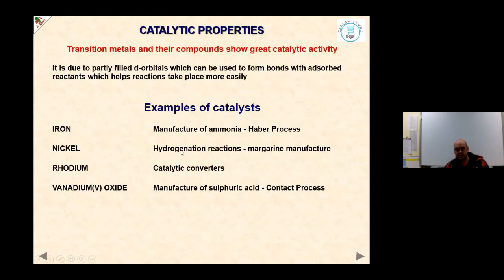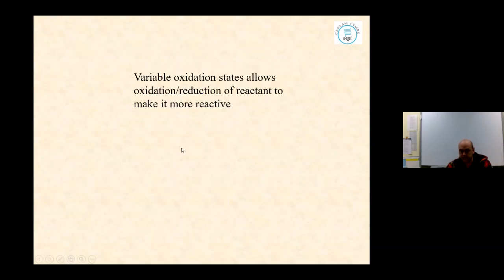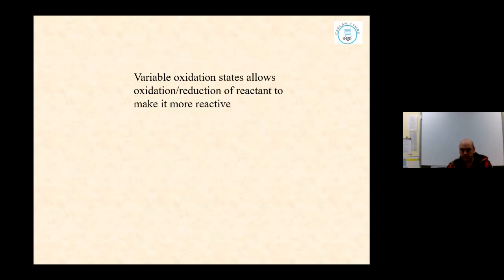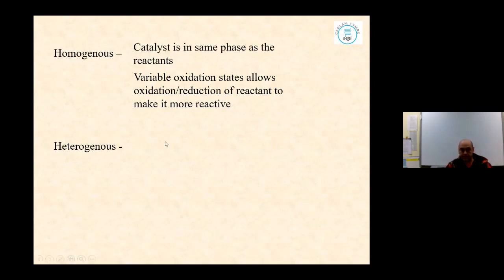So why is it then that they act as catalysts? It's because of their variable oxidation states or their vacant d orbitals. There are two types of catalysts, homogeneous and heterogeneous, and you need to know what that means. Hopefully you know homogeneous means your catalyst is in the same phase as the reactants, and heterogeneous means it's in a different phase.